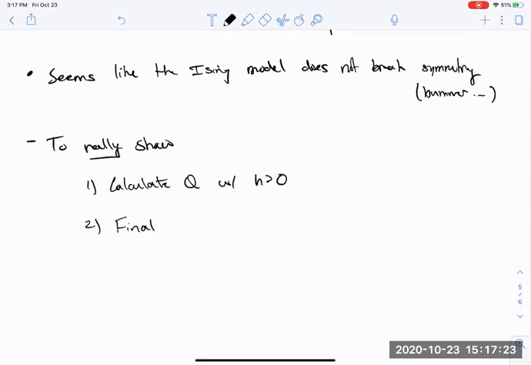To exclude the spontaneous symmetry breaking, we would need to compute explicitly the magnetization, which we could do by taking the derivative of log Q with respect to beta h. Having a finite h will allow us to do that. Dividing by n gives us a means of doing it.